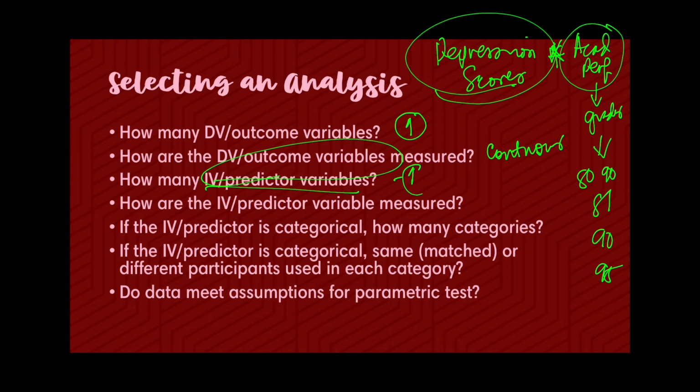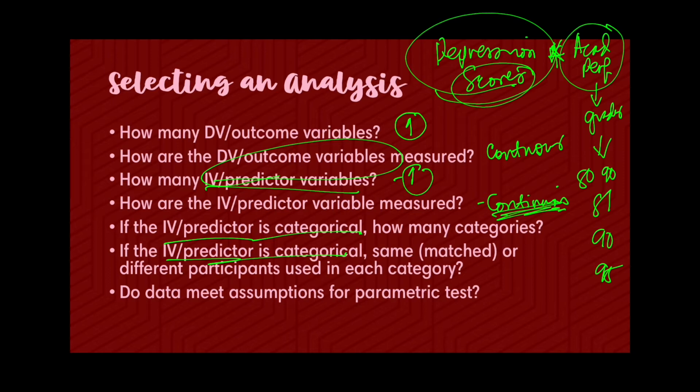And then how are the IV predictor variables measured? Depression, since it's a score, is measured as a scale. So it's also continuous. Okay? So we will no longer answer IV predictor is categorical because we already established it's continuous, and we will also not answer this one because the answer here is continuous.